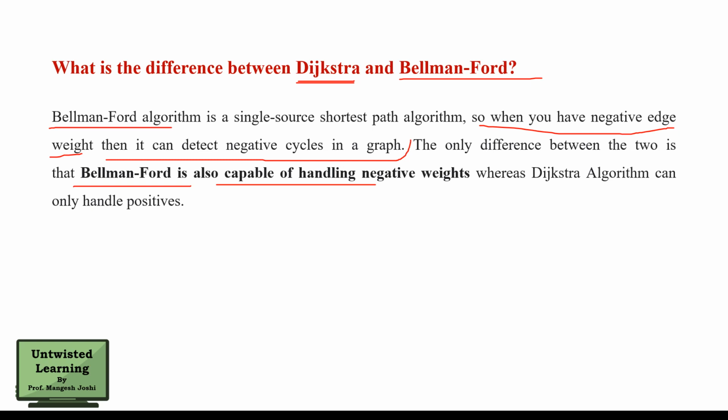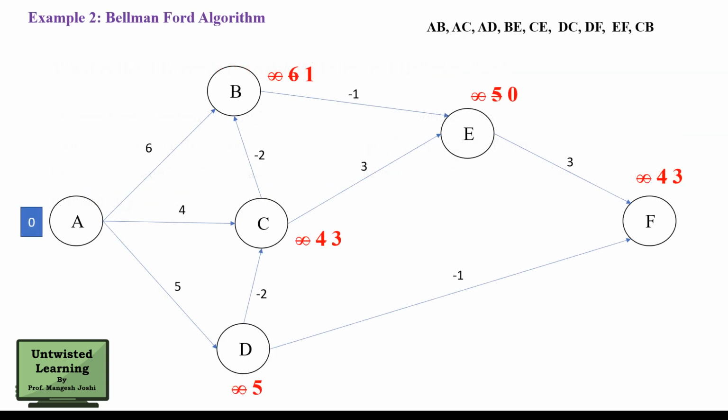Okay, so let us see one example with reference to negative values. We have a total of 6 vertices, and hence the number of iterations will be 5: iteration 1, iteration 2, iteration 3, iteration 4, and iteration 5.